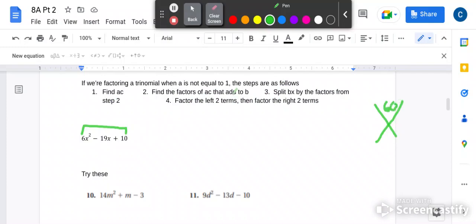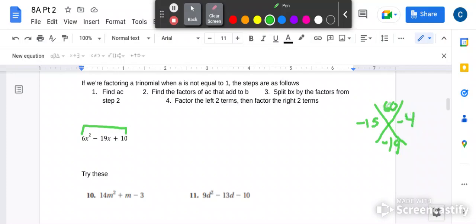So we're going to find the factors of AC that add to B, negative 19. All right, so we're going to find the factors of 60 that add to negative 19. Well, they're going to be negative 15 and negative 4.